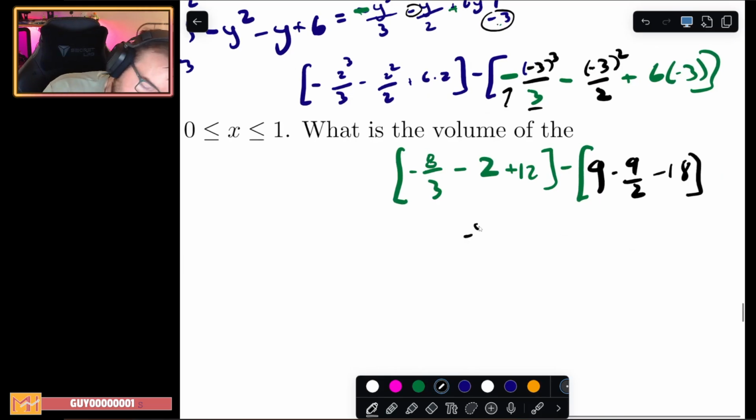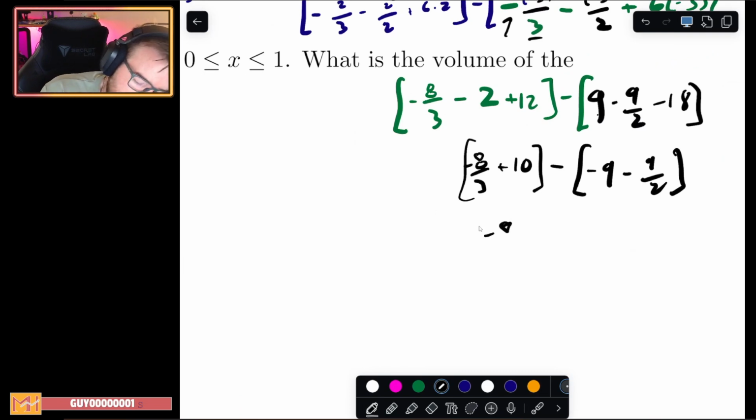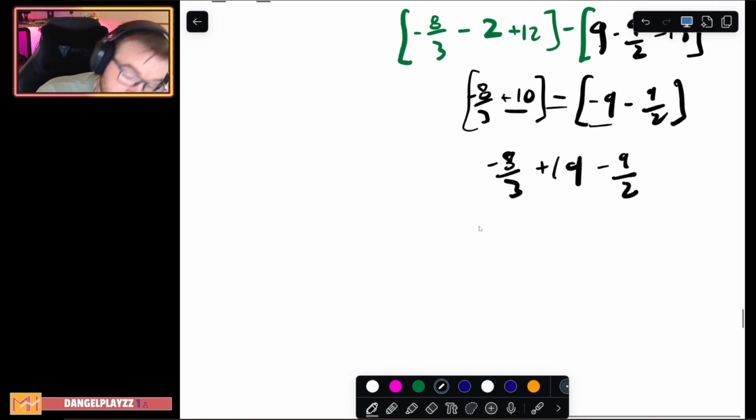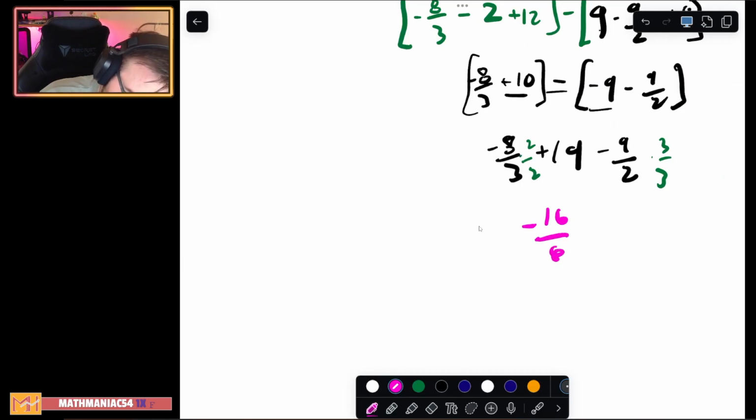Okay? So this is -8/3 plus 10 minus 9 minus 18 is -9, and then minus the 9/2. This is -8/3. The 10 minus the negative 9, that's +19, minus the 9/2. Multiply by 2 over 2 and 3 over 3, and we get -16/6. I need a times 6 over 6 here. 9 times 6 is 54.